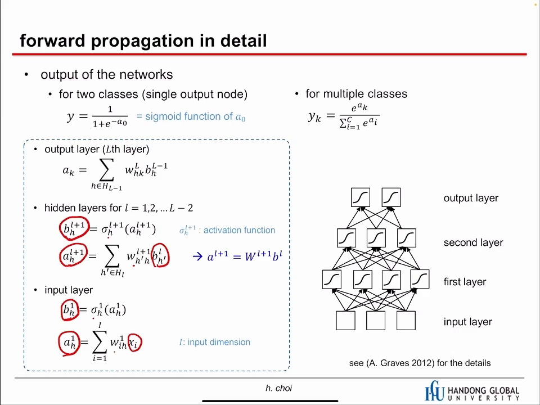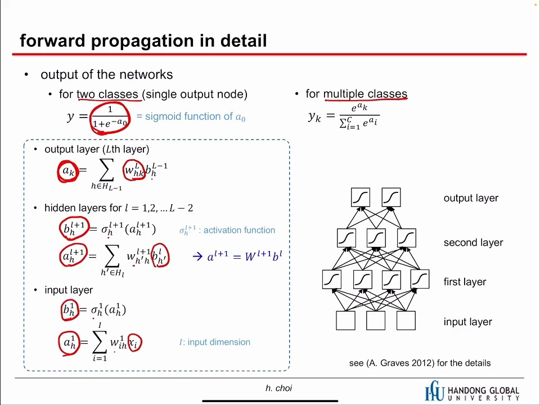And in the last layer, we multiply the matrix, then we get AK. And we can apply a sigmoid function for a 2-class problem, or if it is multiple classes, then we have softmax for classification. For regression, sometimes we don't need these functions. Just the AK would be enough.